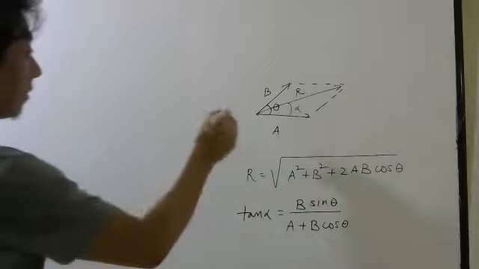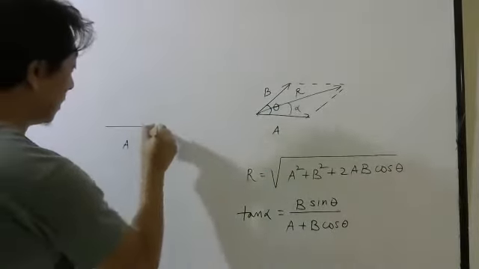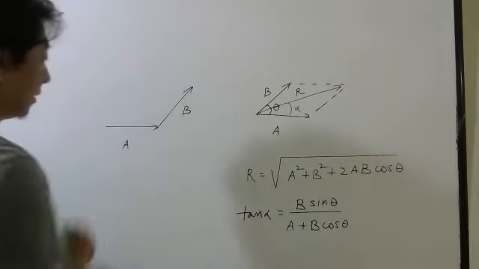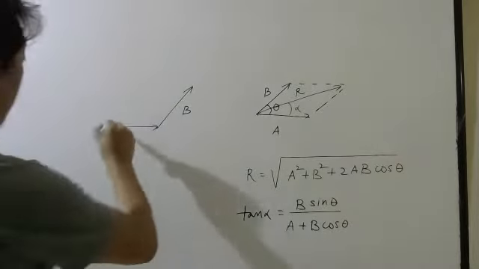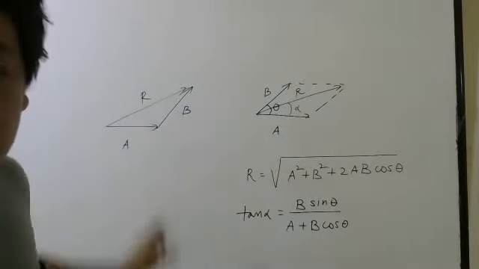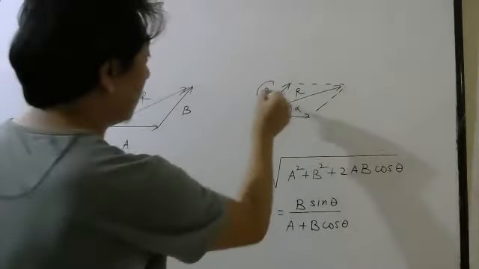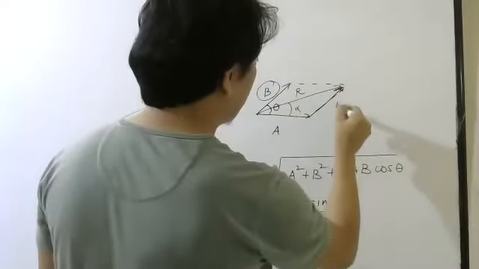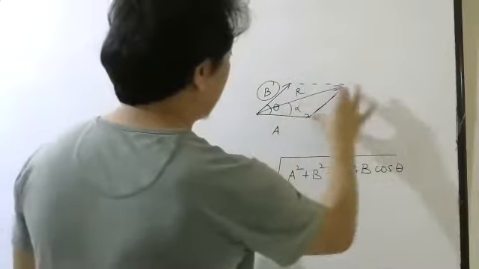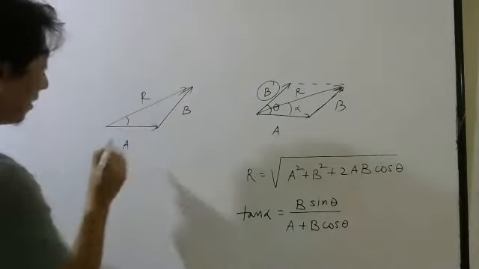Now, it doesn't matter. You see, I wrote this way. You can also write this way. This is A, this is B. Then from triangle law, this will be your resultant. Agree or not? This is the same as this only, because if this is B, this is also B, no? This and this are the same only. So this is also B. And here, this is theta or alpha.